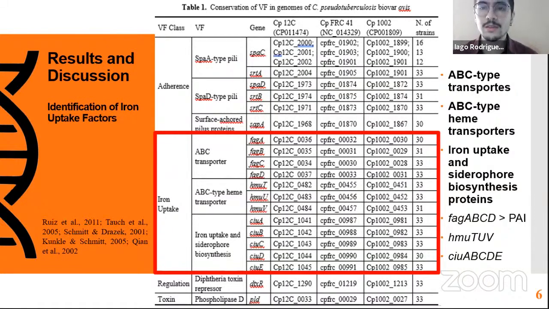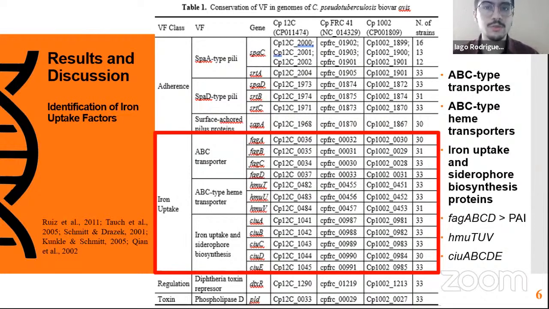The virulence-related cluster, FAG ABCD, which is observed in the table, is conserved in almost all strains of this biovar, and it's also inserted in pathogenicity islands, placed right next to phospholipase D, or PLD, which is a determinant factor for caseous lymphadenitis.